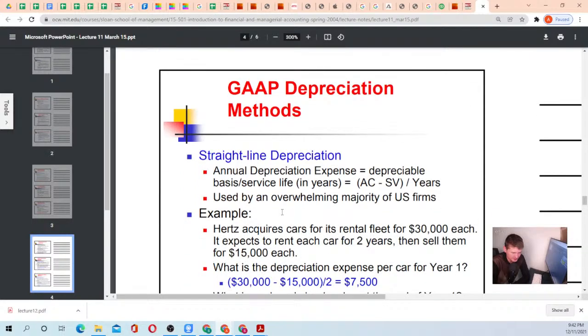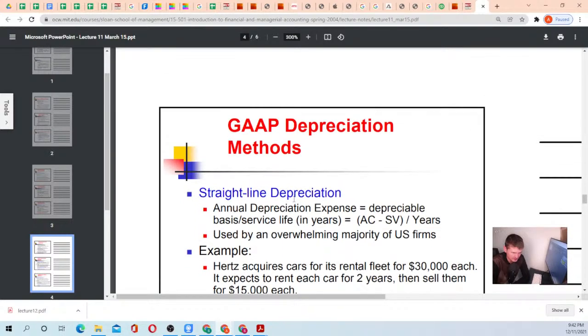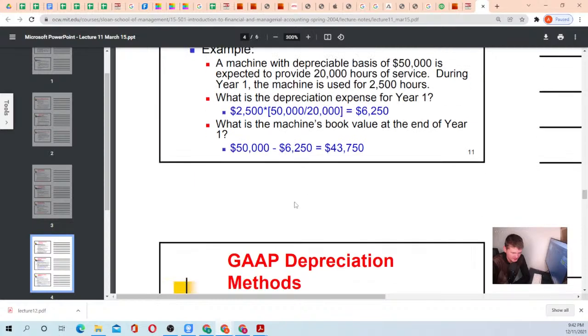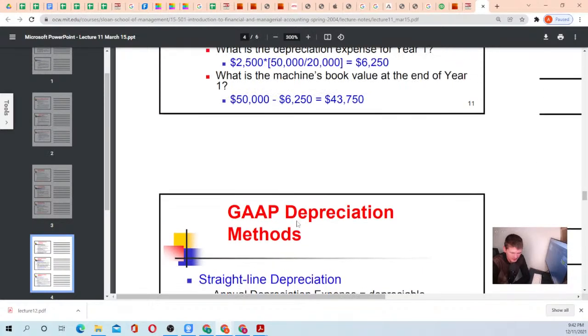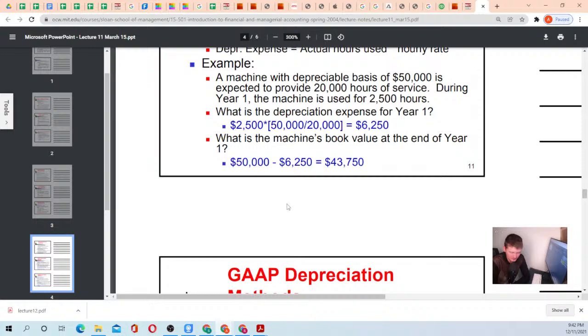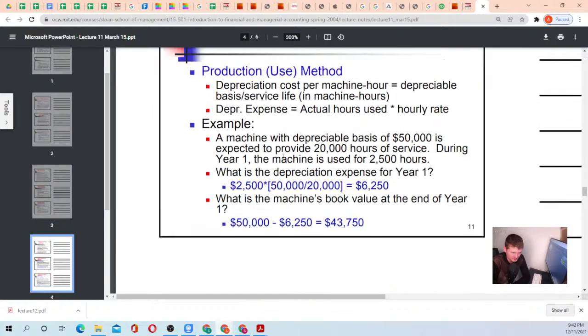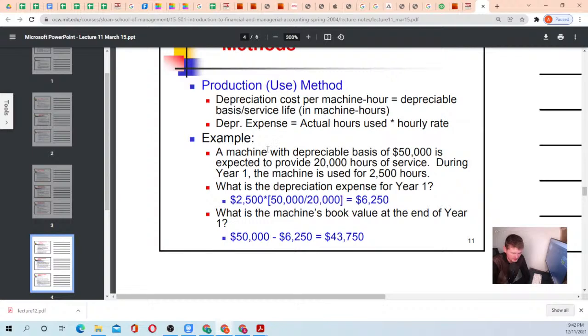So straight line is clear. You divide it by amount of years you expect assets to be useful, and you divide it by 12 months and you expense it monthly. For production method, you figure out what is the driver for depreciation.